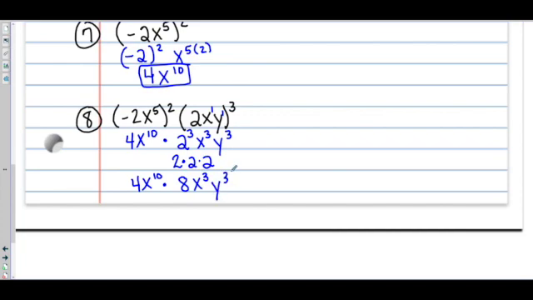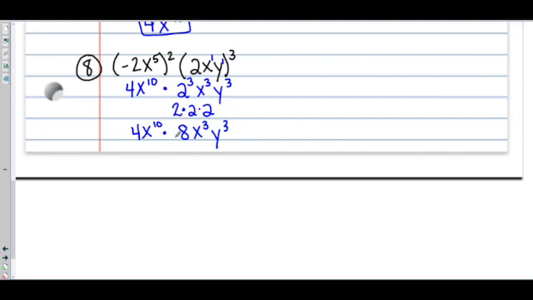Okay, so now the next step, because we're multiplying, you're going to multiply these whole numbers. Well, they're coefficients. So we're going to say 4 times 8, which gives us 32. And then the x's, we have x to the 10th power times x to the 3rd power. Well, when you multiply the bases, you add the exponents.